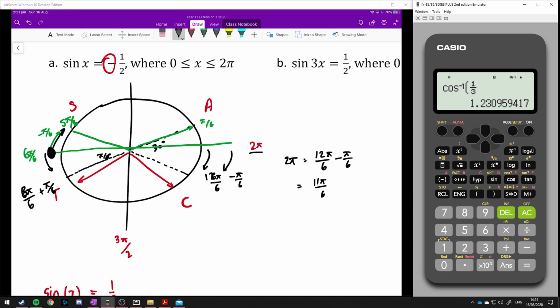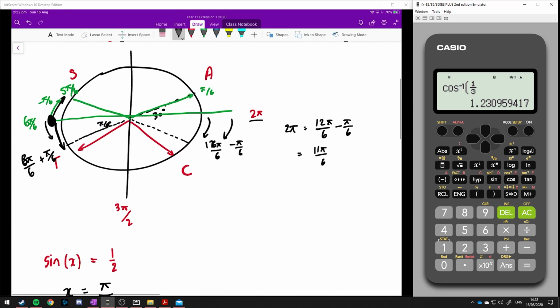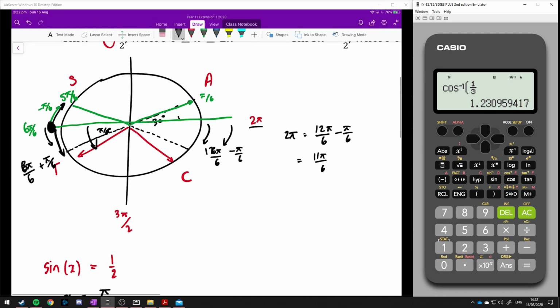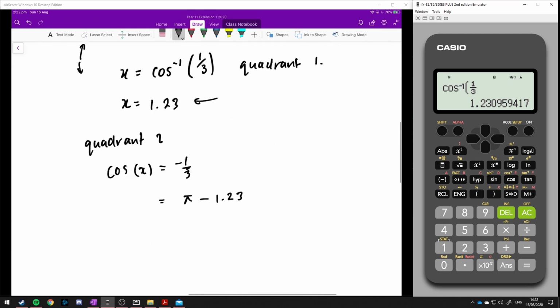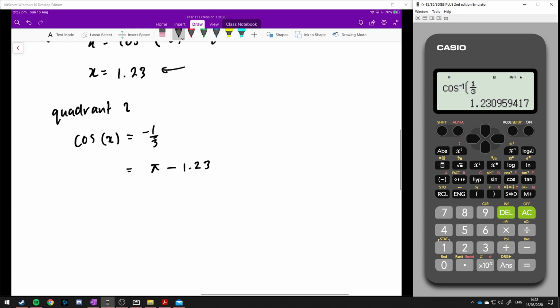For the other way, we're going to be adding on the pi value, because it's this angle plus the 180, whereas the other one is 180 minus that little bit there. So for quadrant 2, it's pi minus 1.23, so we can put this straight into our calculator. Pi minus our answer is 1.91.